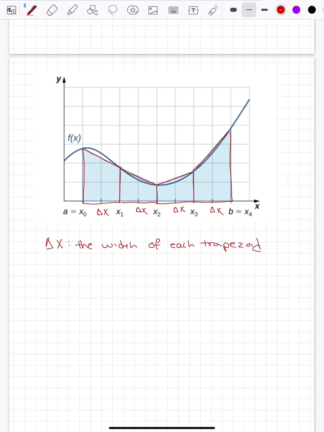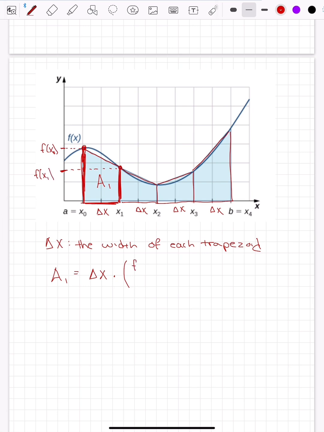If we try to calculate the area of this first trapezoid, let's call it A1, we know that the height is change in x, and then we need to find this side, which is just going to be whatever the value of the function is at x0, and we also need to find this height here, which is whatever the value of the function is at x1.